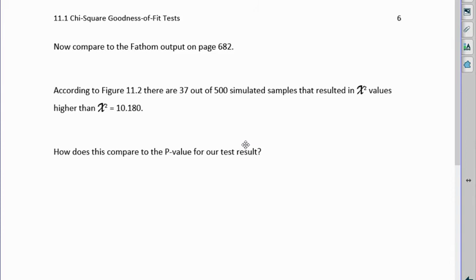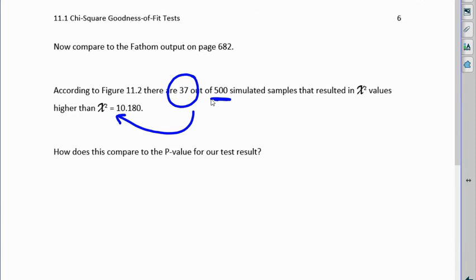So, for example, if I had Fathom, which is a computer modeling system that could make a model where it really is 24% blue and it really has those percentages of candies in this tremendously large candy machine. And if I were to do 500 trials with this machine where it really is doing that, I would have found 37 of them that gave me a sum of the chi-squareds of 10.180 or more. So 37 of these were to do that.